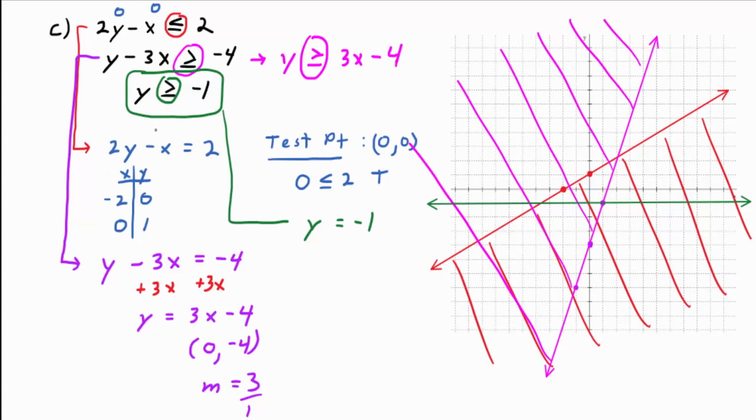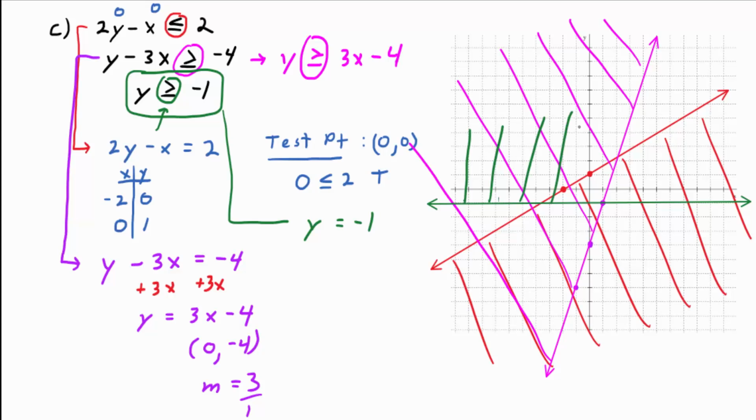Okay, so which way do we shade? Well, because of the greater than or equal to, since it's a horizontal line, you have to shade up to get y values that are bigger than or higher than negative 1. So you don't have to think a whole lot about it other than when there's a variable missing, you're going to shade in the direction that it specifies. In this case, y has to do with how high a value is, and it's greater than or equal to, so you shade up.